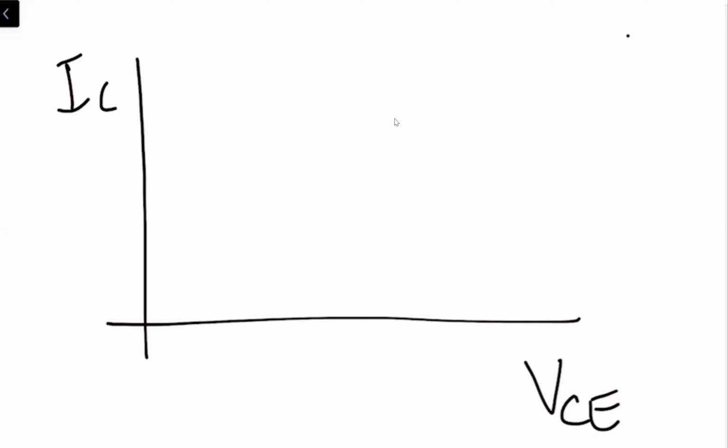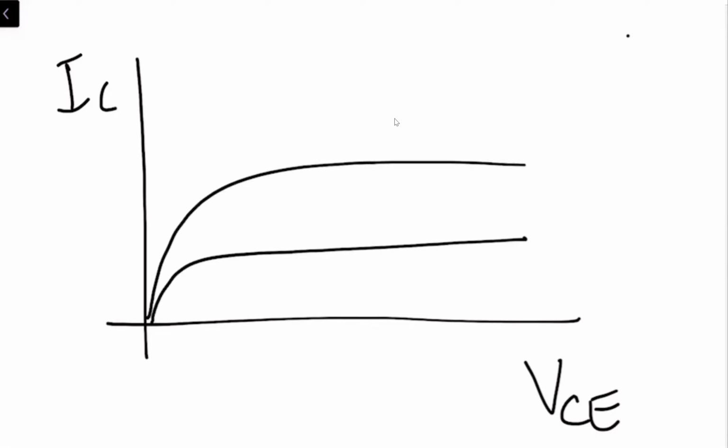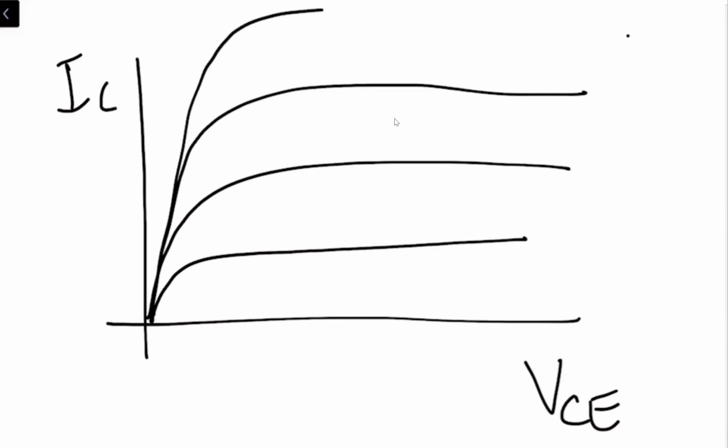So for different values of IB, we have respective curves for IC, and from our previous knowledge, we have seen that the curves are something like this for different values of IB, right?